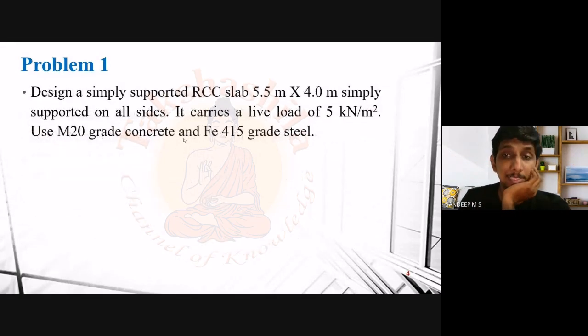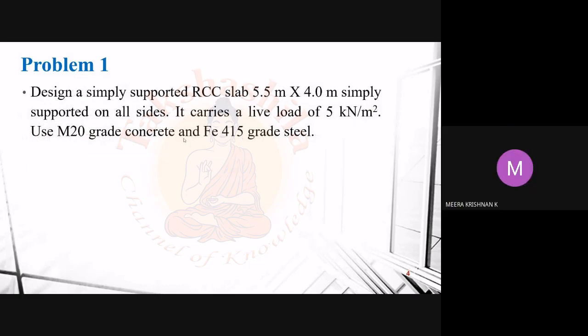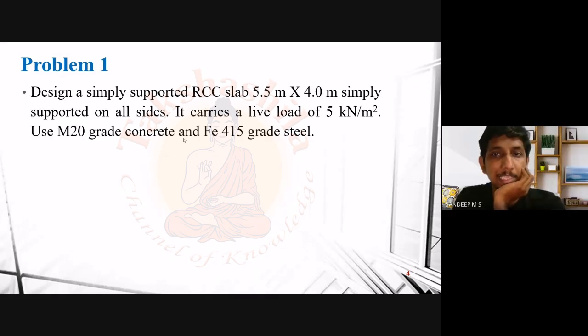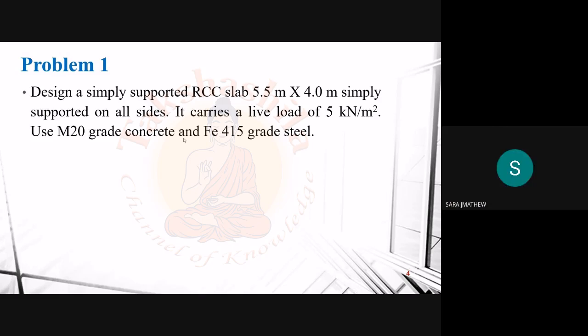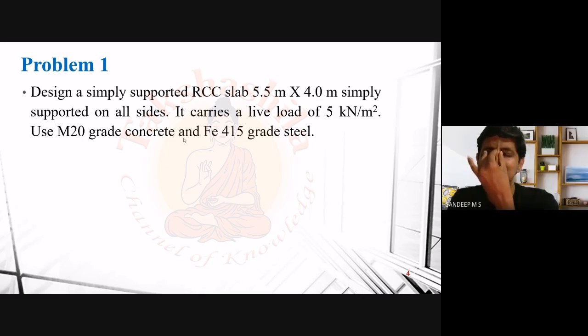Can I take 35 into 0.8? Yes, because Fe 415 grade is used. But my first question is whether I can take 35 or not. After that only 0.8 will come into the picture.